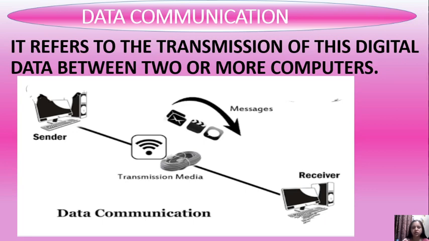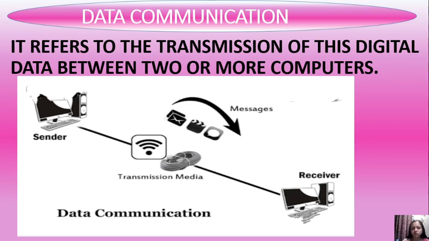So here you can see at the left top corner one PC, that is the sender PC, and at the right bottom corner there is another PC, that is the receiver. We can say source to destination.